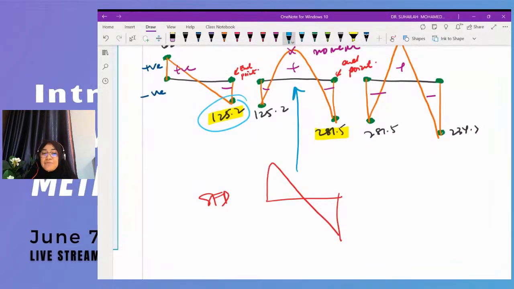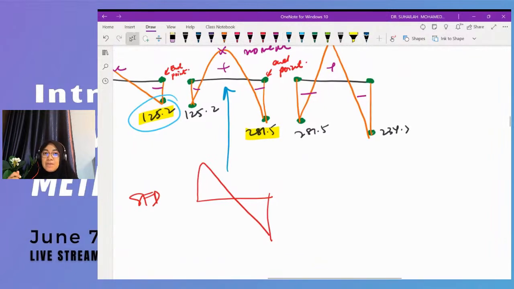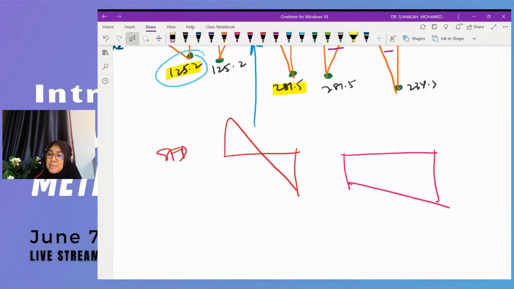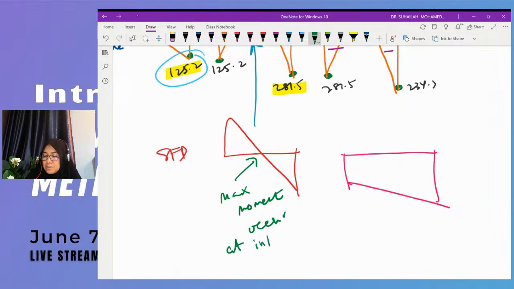But if the shear force diagram is, for example, a trapezium, like this, this is the shear force diagram. So this means the maximum moment point occurs at the intersection.